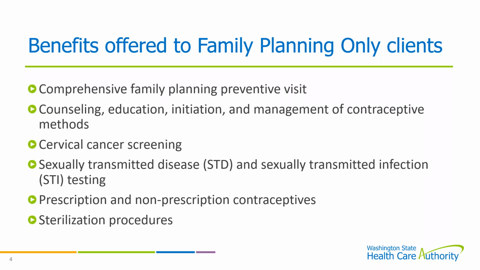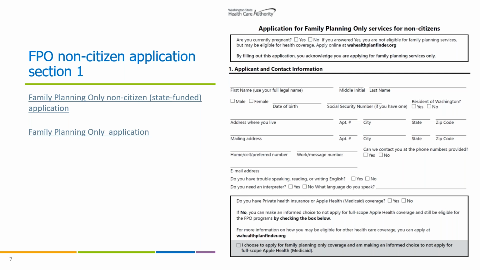The next question is, how can we process a confidential family planning only application, and what is the age to apply? Melissa Rivera, are you able to help me with how they can process a confidential application? I think there's just a spot on the application, right?